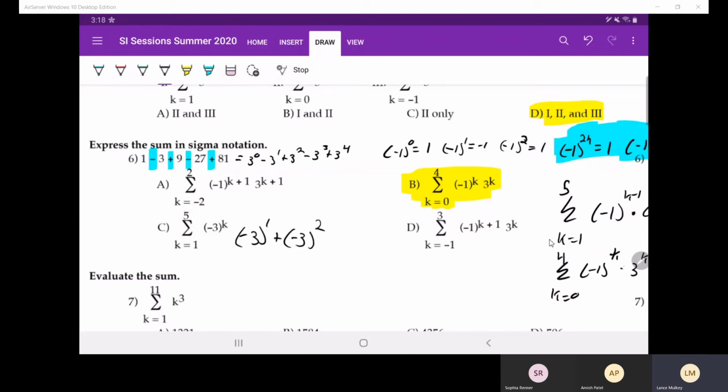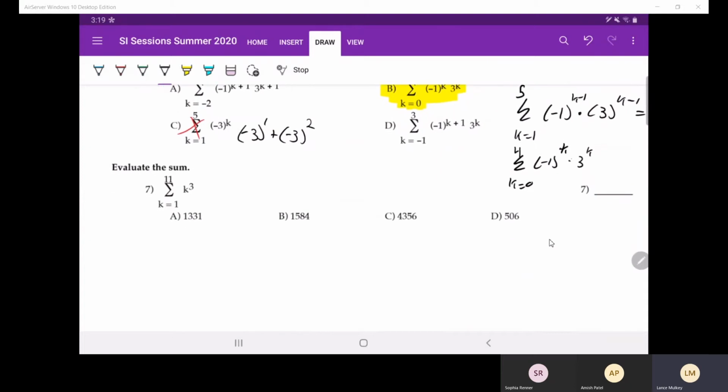The only way this would work is if that started at 0 and went to 4. But since it didn't, you don't get the 1 up here. So that's how that one fails. It started and ended at the wrong spot.